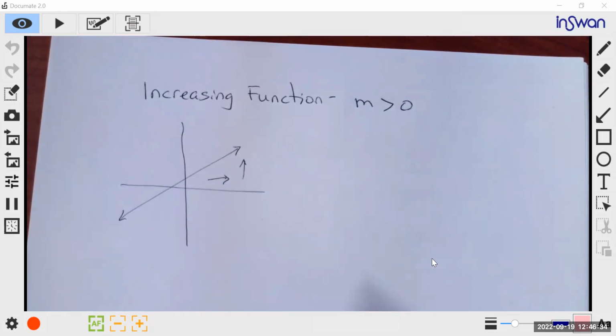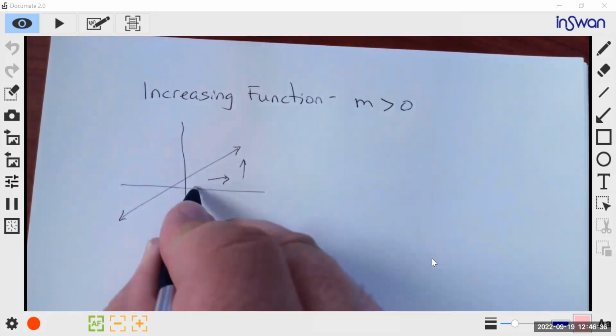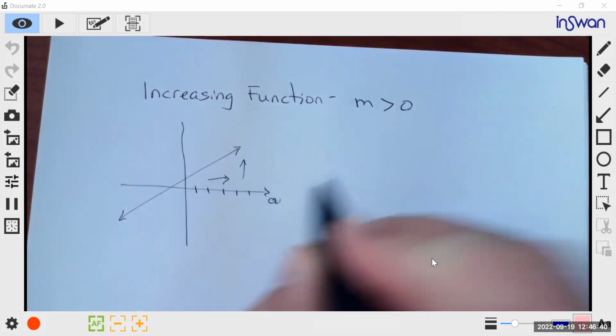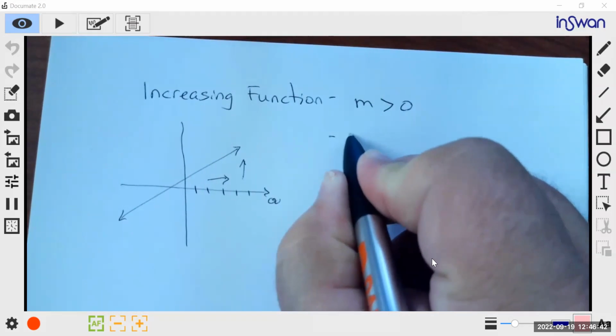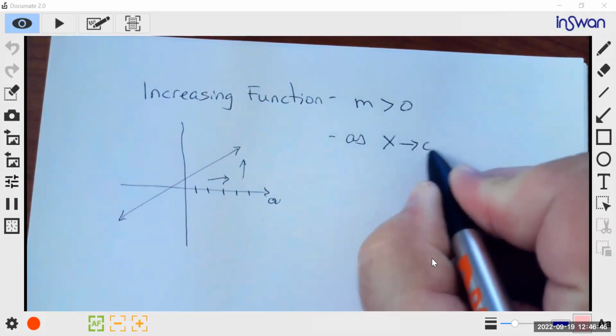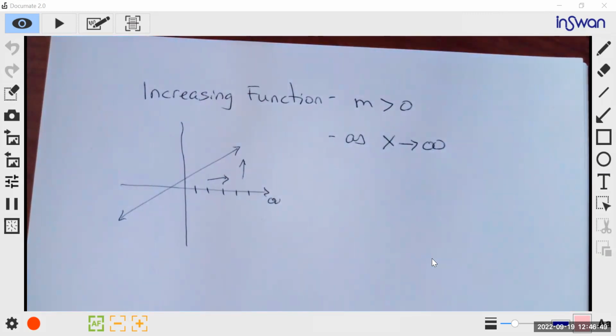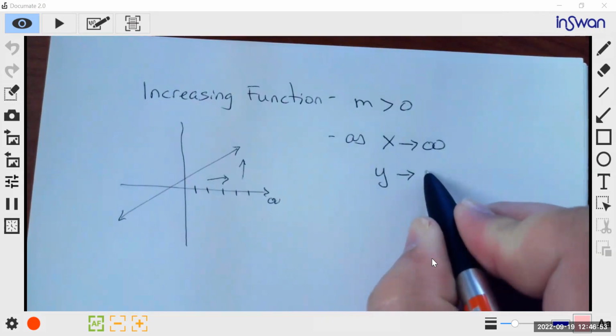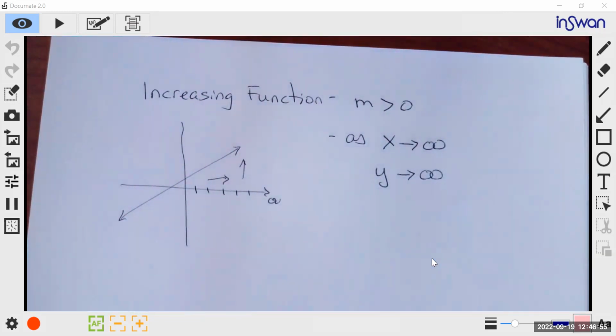Now we can see more what it means here. Here's a formal definition of it. As x, the values of x, go to infinity, y goes to infinity.